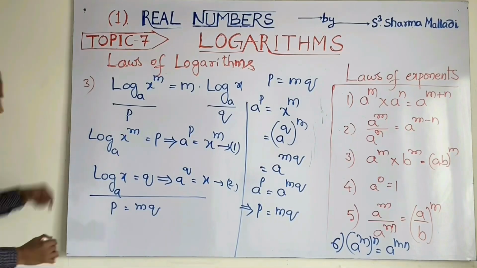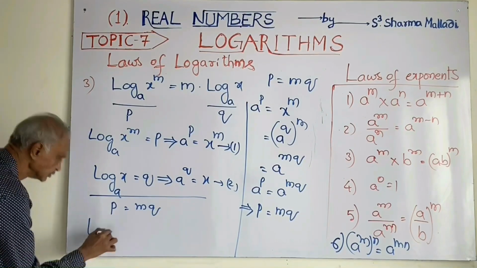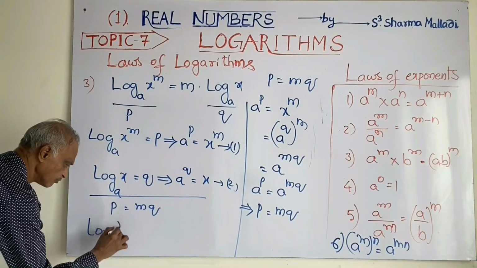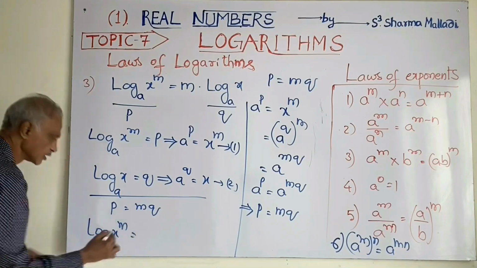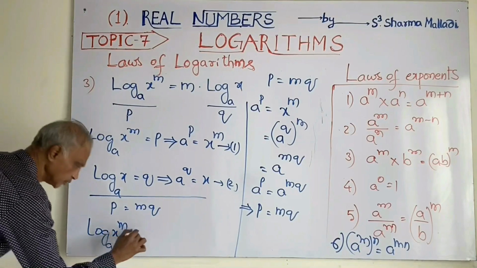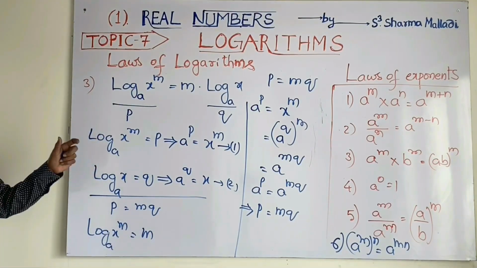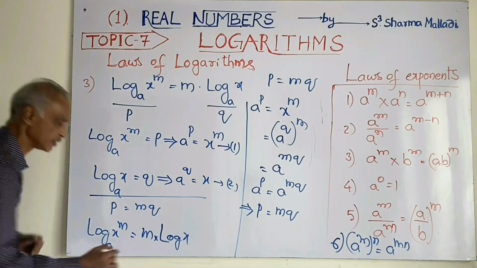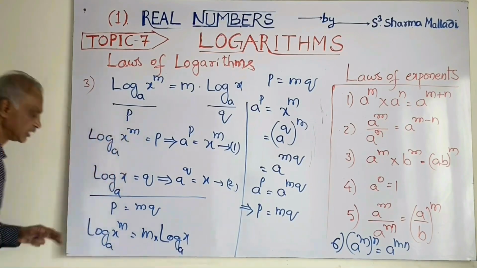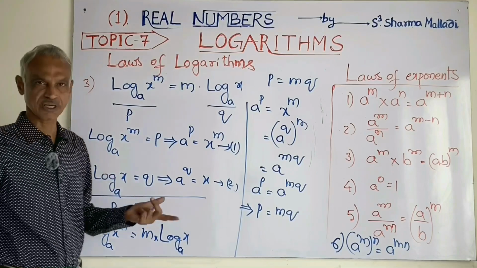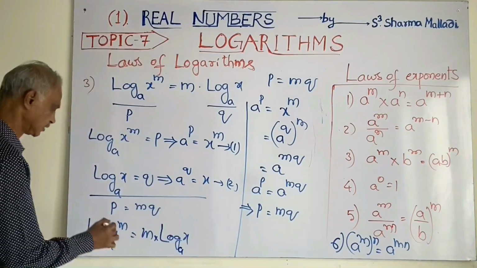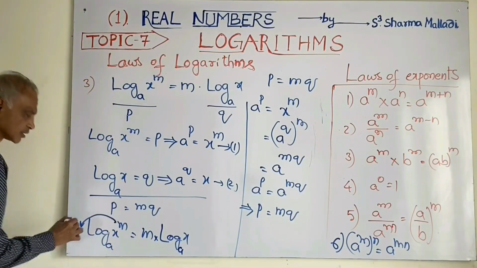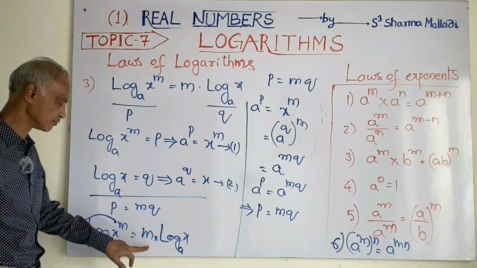What is P here? Log x to the power of m to the base a is equal to, what is m? You take as it is. What is q? Log x to the base a. Like that, log x to the power of m can be written as, the power falls before the log, m q.